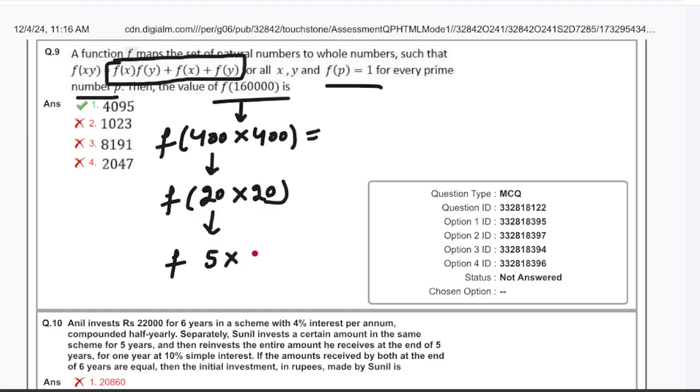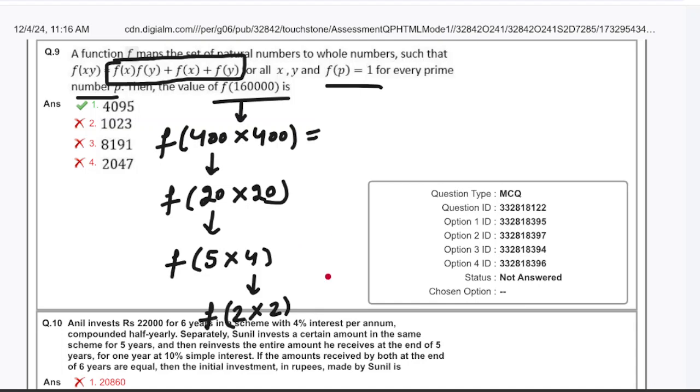What we are trying to do, please understand, is make it a prime number. And f(4) will be equal to f(2 into 2). Now, everywhere we have at the bottom are the prime numbers. And for every prime number, the value is going to be equal to 1. Whether it's f2, f3, f5, f7, f11, they all are equal to 1.